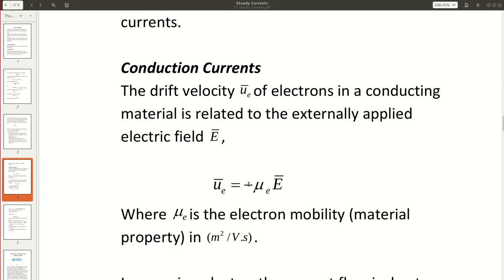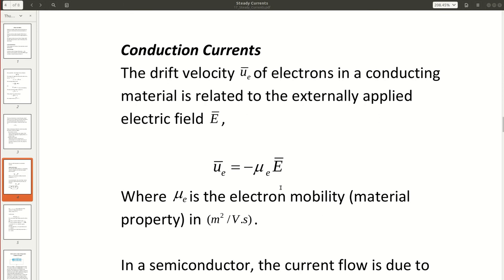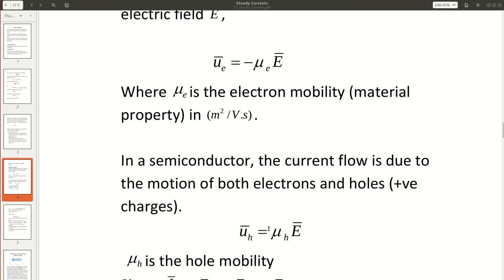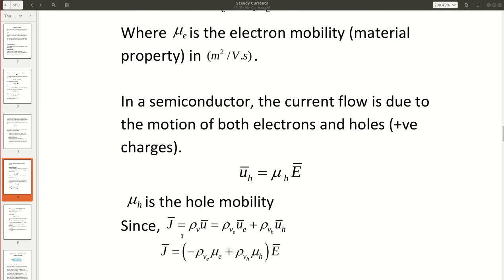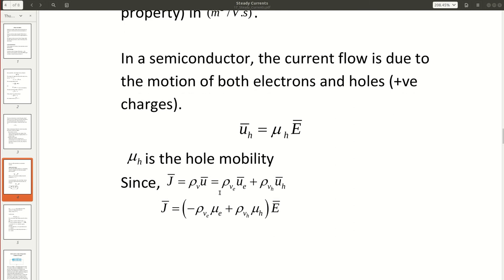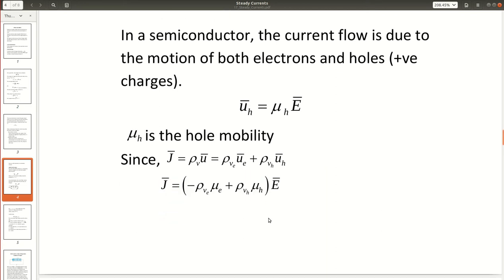The velocity is equal to minus mu e times E, where mu e is the electron mobility, with the unit meter squared over volt second. In a semiconductor there is also mu h, the hole mobility. So the current density is rho v u, with rho v for the electrons and rho v for the holes. You can take it all as one value multiplied by E, the electric field.